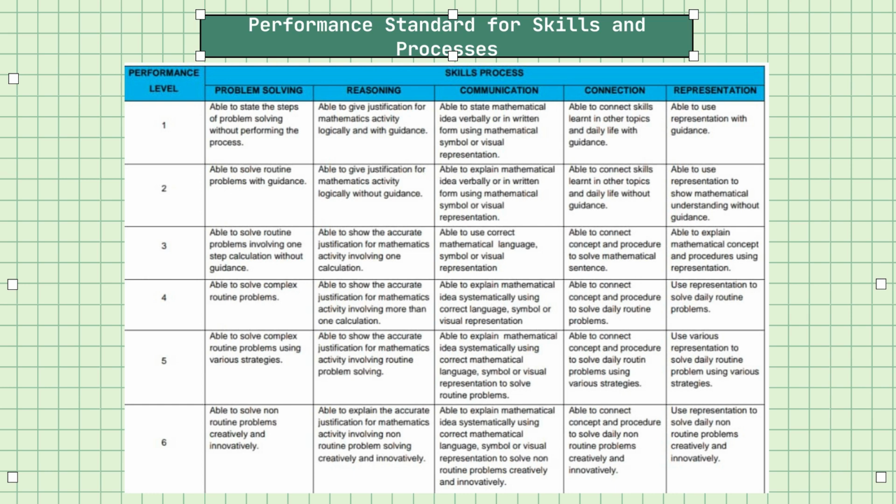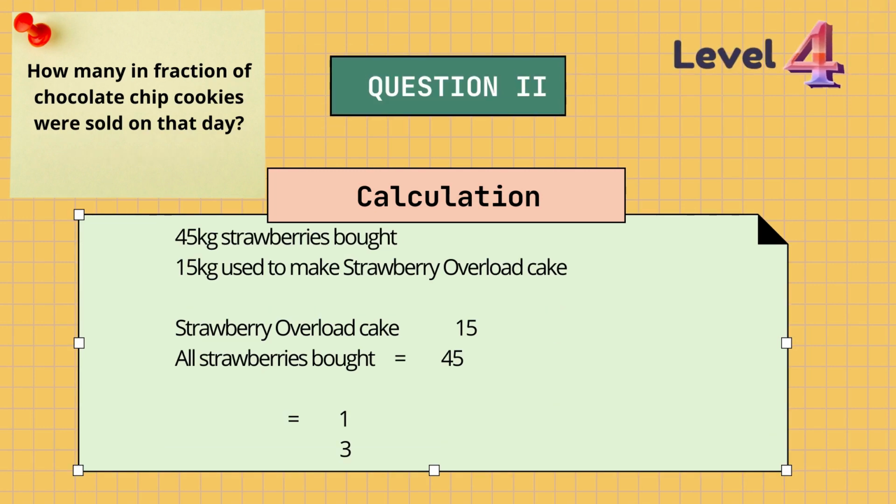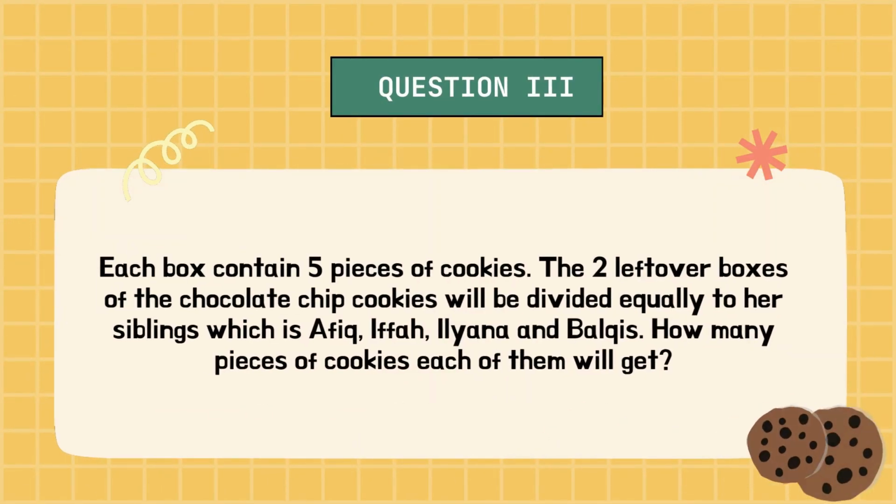Students are also able to connect concepts and procedure to solve daily routine problems using various strategies and various representations. Here is the example of how students answer questions 1 and 2. For question 3, an example situation is included.